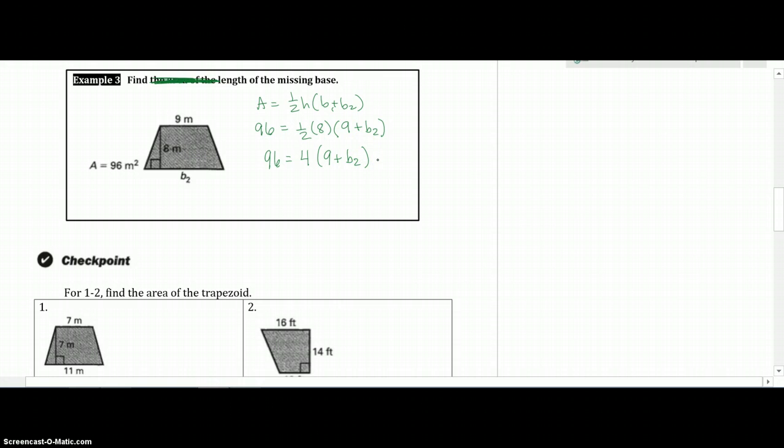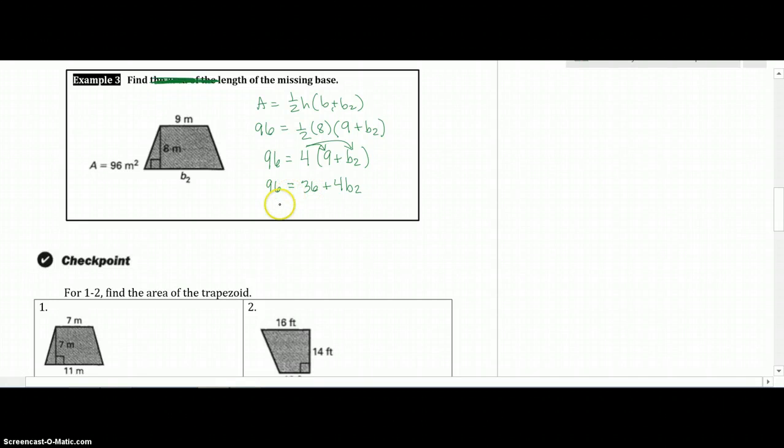And at this point, you have two options. You can distribute the 4, or you could divide both sides by 4. Either way, I think most people like to distribute, so let's go ahead and do 96 equals, distribute here, 4 times 9 is 36, plus 4 times B2 is 4B2. B2 is just like X, no big deal.